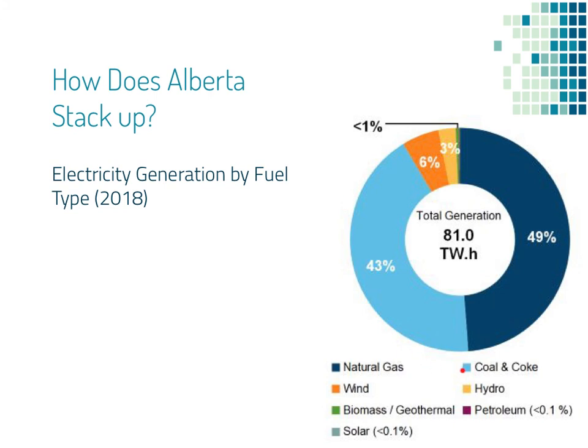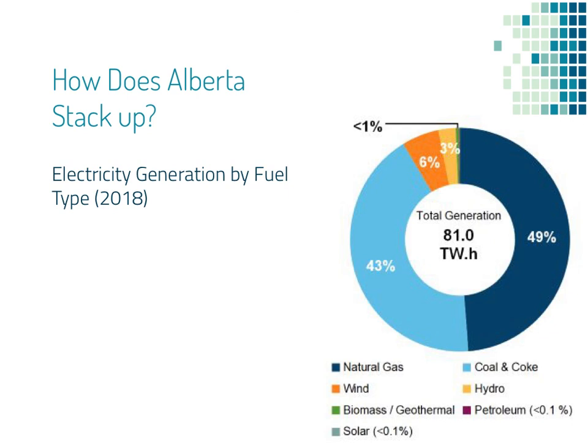Coal amounts to another 43%. So pretty much the other half of our electricity generation is from coal. Coal is less environmentally friendly than natural gas because coal contains many more imperfections and therefore creates more harmful gases.